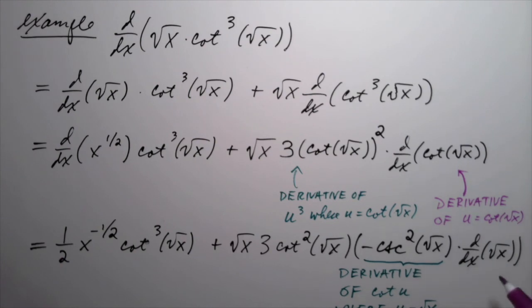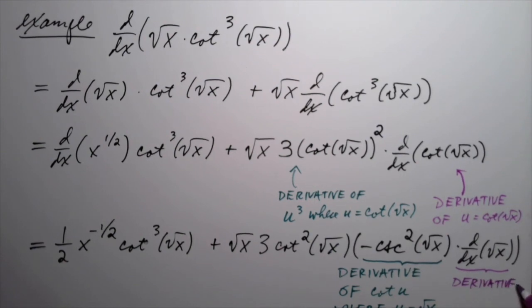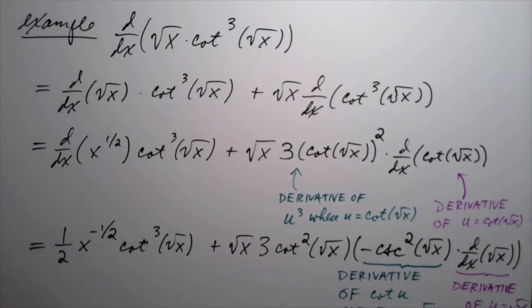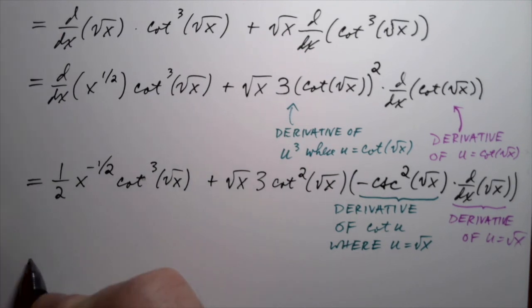On the other hand, that's the derivative of the inside function, the derivative of just u itself. So we've applied the chain rule twice in those last two steps. Very nice. Alrighty, we're almost done. Just need to let the pieces all fall together.